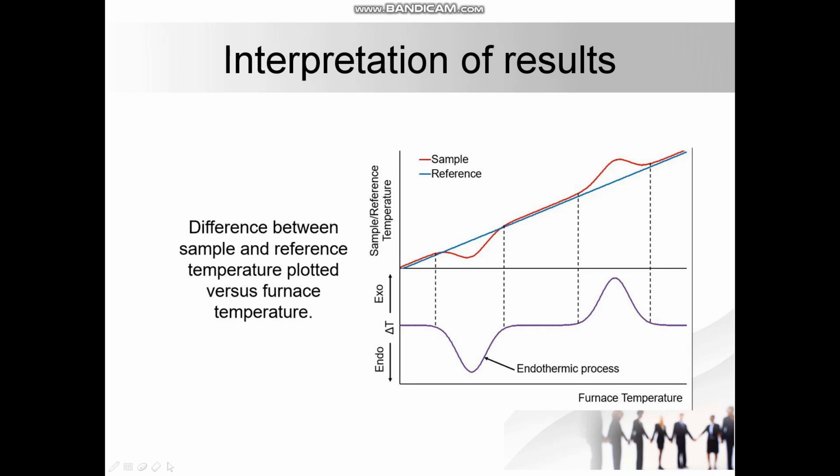Now, why is this happening? If you can see, the graph is with respect to furnace temperature against the sample temperature. So the furnace temperature was rising linearly, and with that the sample temperature was also rising. But at a certain point of time, the sample temperature did not rise even when there was a rise in temperature of the reference.